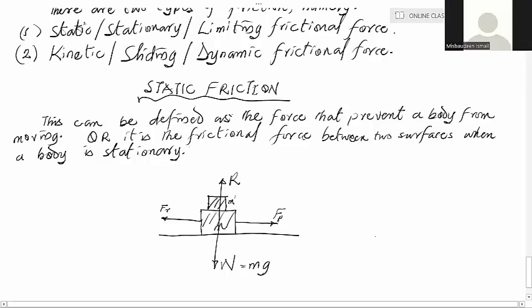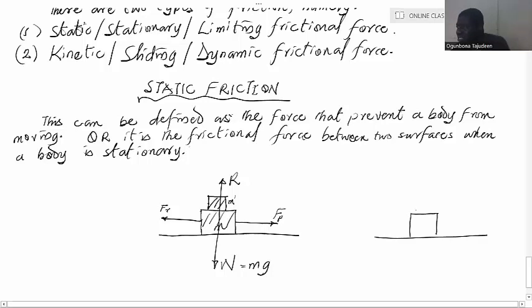So here our weight has increased to (m plus m prime) times g, while the reaction will definitely increase based on the weight. So the pulling force here is Fp, while this one is Fr.